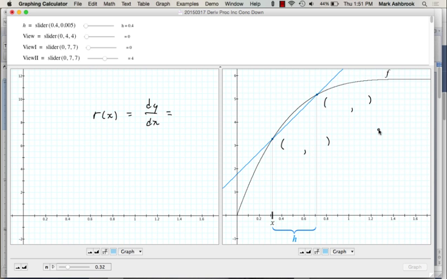Camry, what are the coordinates of the first point there, the left point? No, that point right there. If we're going to get this approximate rate of change, we need those coordinates.